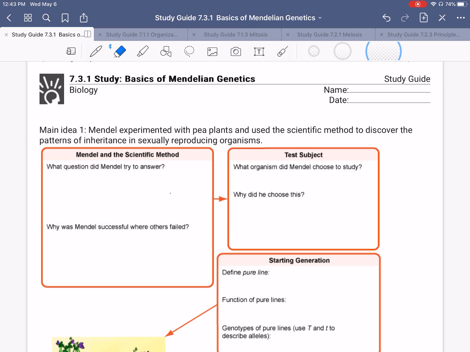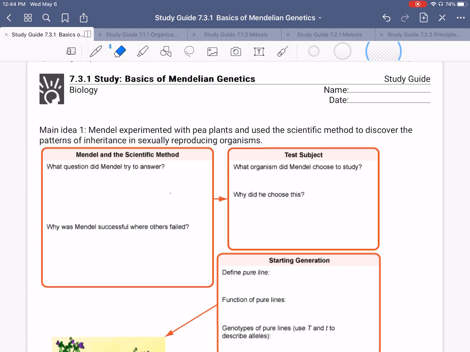If there was some sort of incomplete dominance, you might see something like this. But this was before we knew anything about any of that. And luckily enough, Mendel discovered a lot about how these traits are transferred from generation to generation.